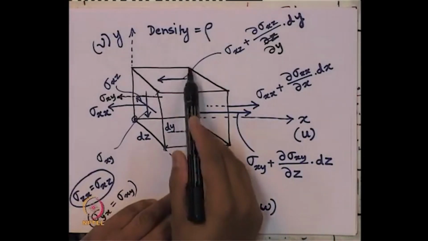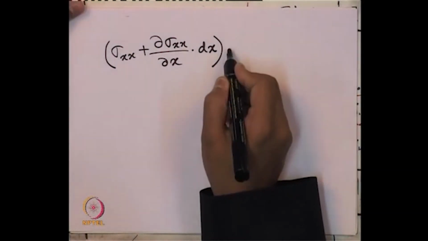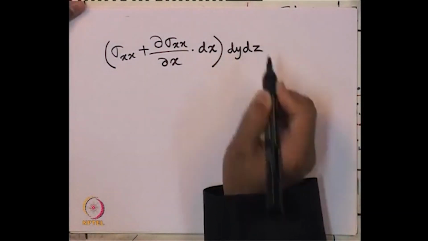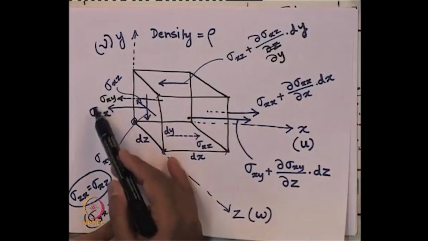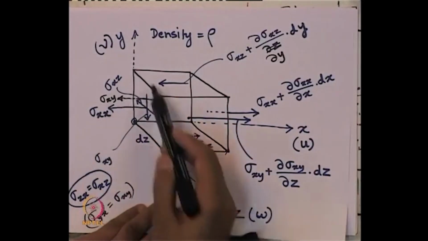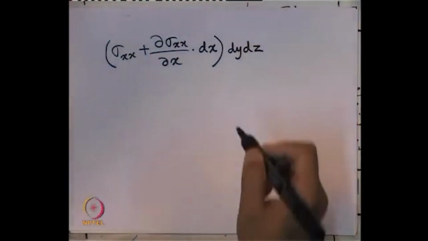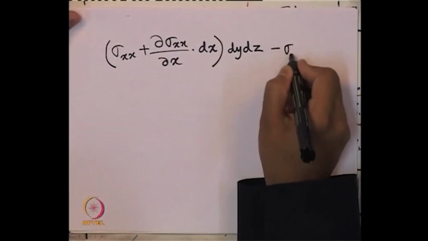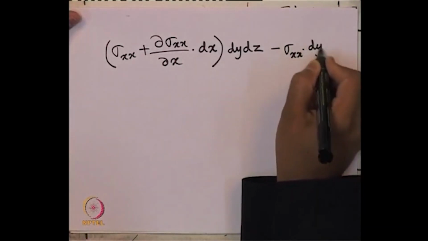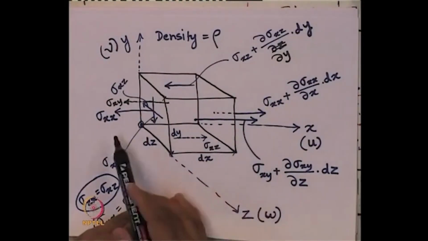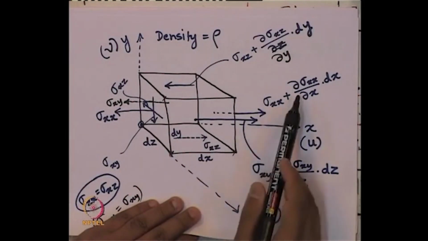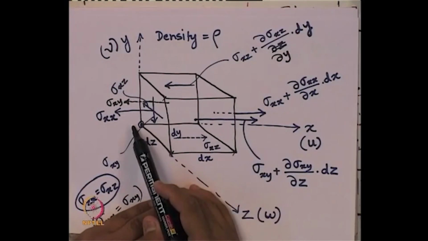This is dz, this is dy, multiplied with dy dz. That is the force, positive force in this direction. Opposite force in the other direction is sigma xx times the same dy dz. So, minus sigma xx dy dz. Clear? So, that is the resultant force in positive x direction due to the normal stress difference. Am I right?